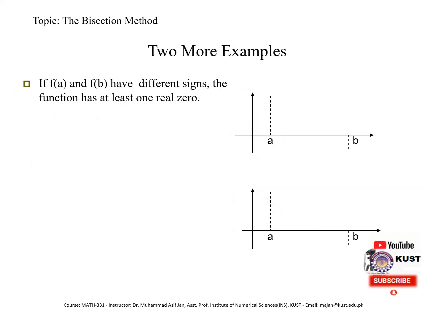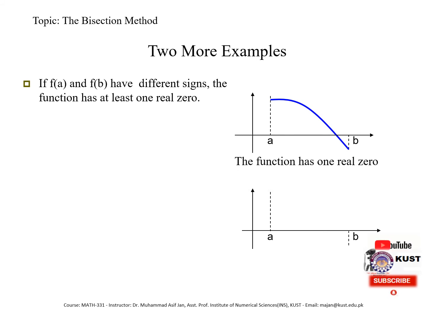However, if f(a) and f(b) have different signs, the function has at least one real zero. So if you look at this figure, at point a, the function value is positive, while at point b, the function value is negative, and the curve intersects the x-axis at one point.